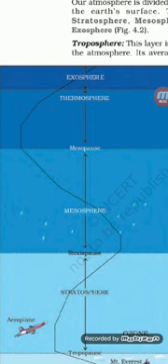The other important feature of this layer is that it has positively charged ions, or we can say it has the ionosphere in it. You may wonder what the use of the ionosphere is. Due to the presence of these positively charged ions, radio waves are transmitted.